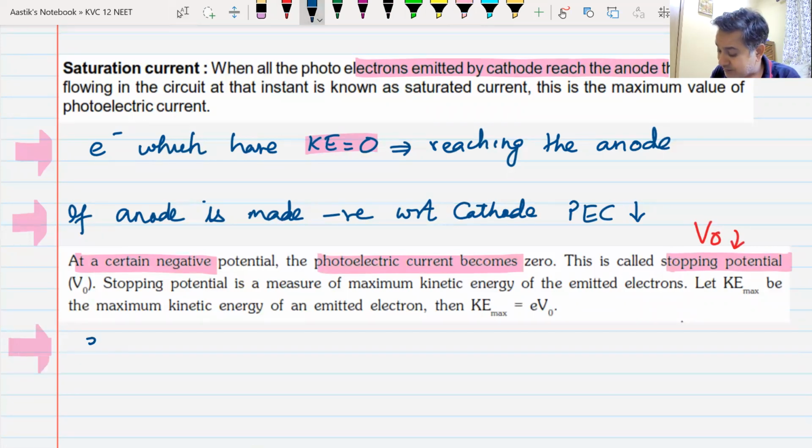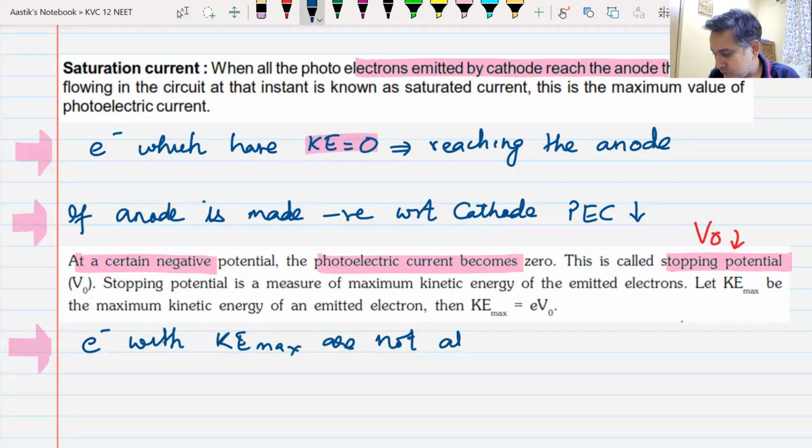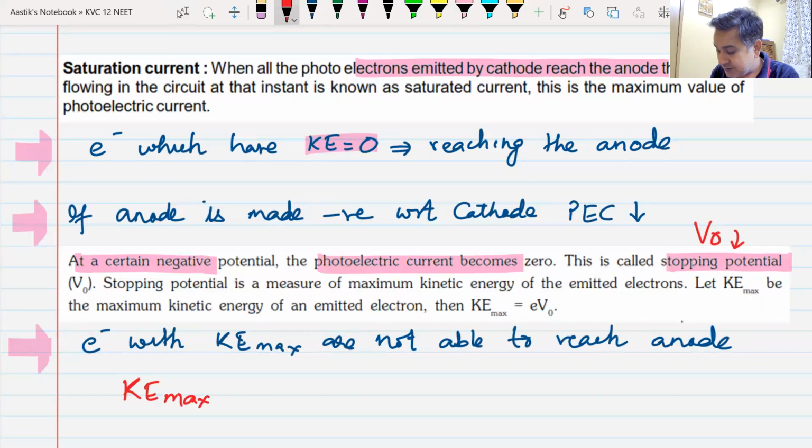The electrons with maximum kinetic energy are not able to reach the anode. Even the electrons which have the maximum kinetic energy are not able to reach the anode, and therefore we have this formula for the maximum kinetic energy. Maximum kinetic energy is e multiplied by V naught, where e is the charge of the electron and V naught is the stopping potential.